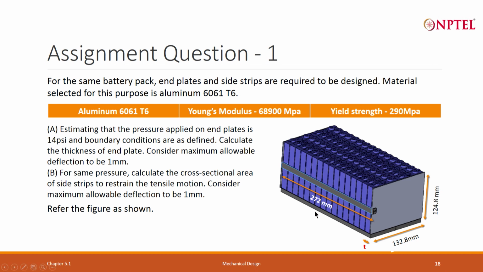Now, for the side strip, this side strip would be holding the end plate for that particular pressure, so there would be a tensile force on the side strip. We want to know the cross-sectional area of the side strip, because the force would be acting on that. Since we are not giving you the width, we want the cross-sectional area.